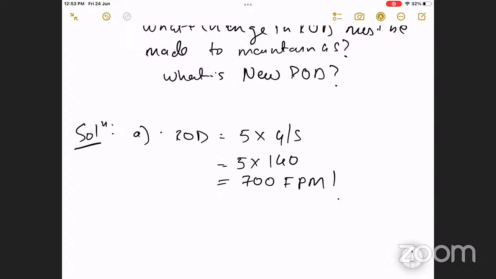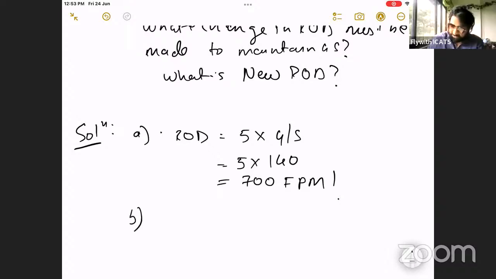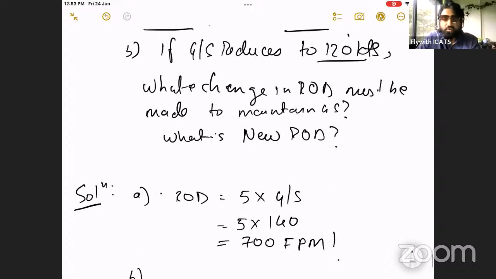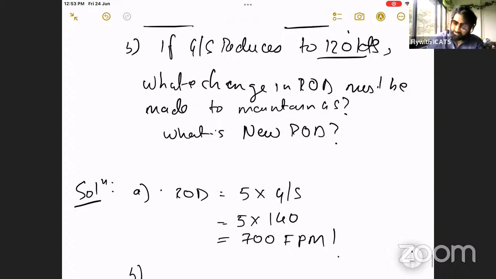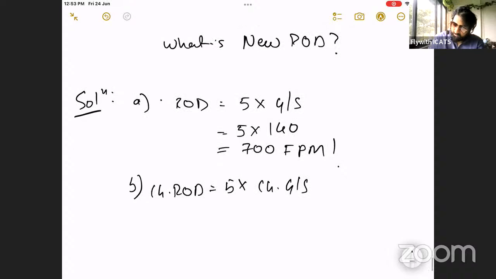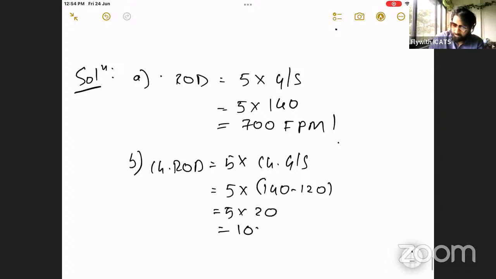Now, B, I want change in ROD. My speed is reduced by how much? 20 knots. Earlier it was 140, now it is reduced, so my ROD will also reduce. But right now, I need to find change in ROD. Change in ROD is pi into change in ground speed: pi into 140 minus 120, which is pi into 20, equal to 100 feet.